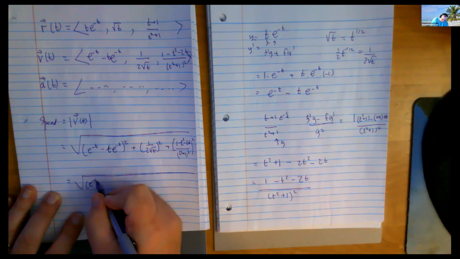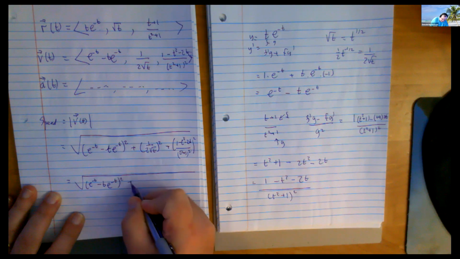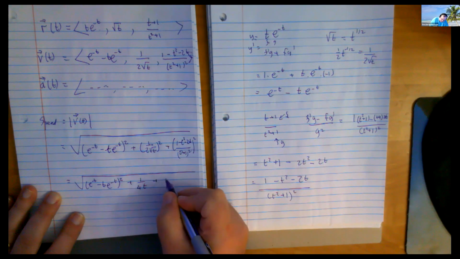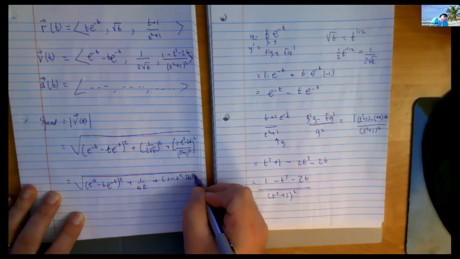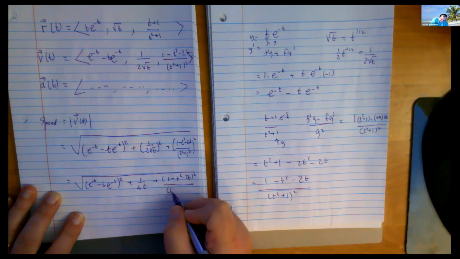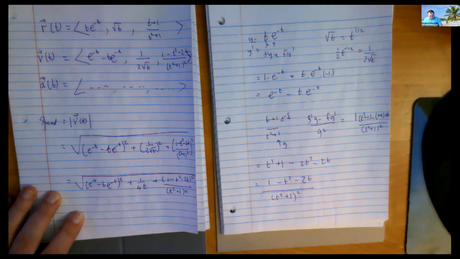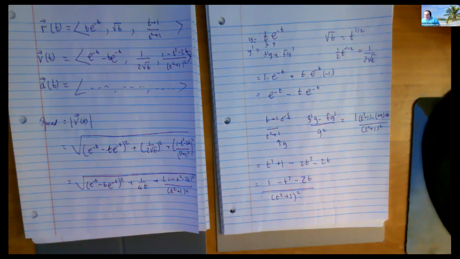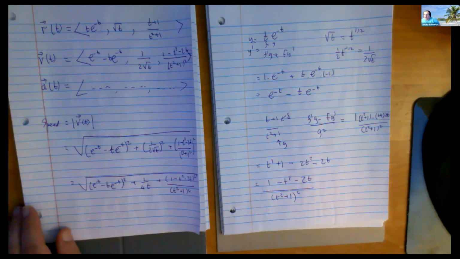So I'm just going to leave this guy alone. This guy does become a little bit nicer, and this guy doesn't really have much that we can deal with. The bottom can become a little bit nicer. So can you see that the speed is just an ugly square root? I wouldn't have expected it to be nice. You can imagine if you randomly pick functions, there's no way in the world that's likely to be nice.